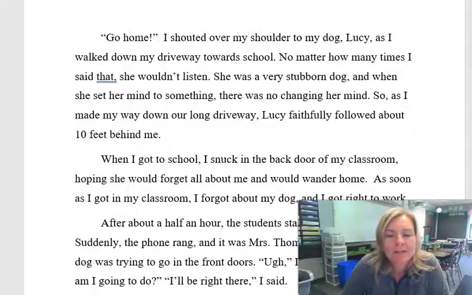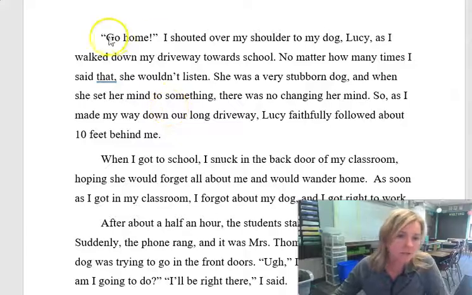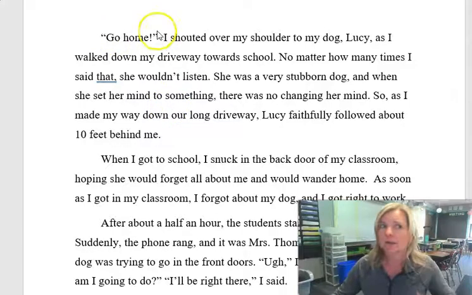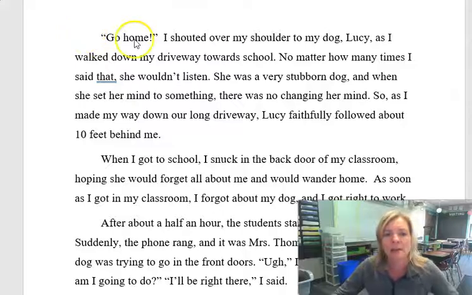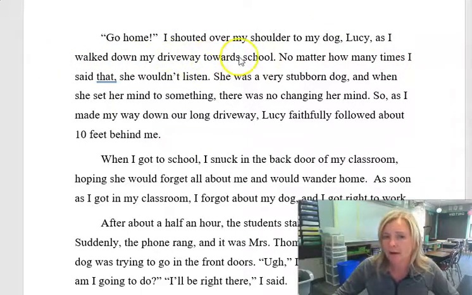So here is my story about my stinky dog Lucy following me to school, and I actually have added a few things since last time. I started with dialogue, like what I was saying, so my reader could hear what was going on. So I'm yelling at my dog, "Go home!" I shouted over my shoulder to my dog Lucy as I walked down my driveway towards school. So it's describing where I am.